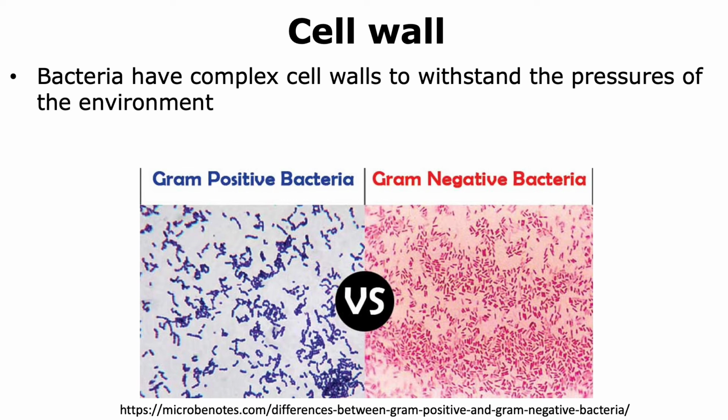Whether a bacteria is gram-positive or gram-negative depends on the staining pattern that they show. So after this gram staining is performed, the purple-colored bacteria are the gram-positive bacteria, while the pink-colored bacteria that are to the right are the ones that are gram-negative.